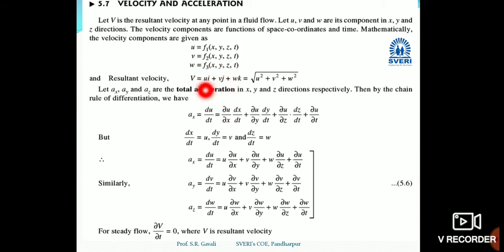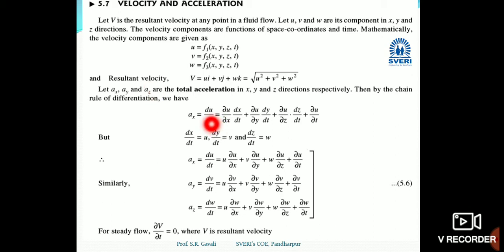And in that case, the velocity vector is given by ui + vj + wk, where i, j, k are the unit vectors in the x, y and z directions. The resultant velocity magnitude is the square root of u² + v² + w². Similarly, we have to calculate the acceleration components in the x, y and z directions.